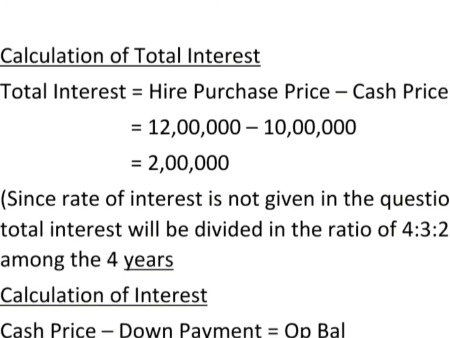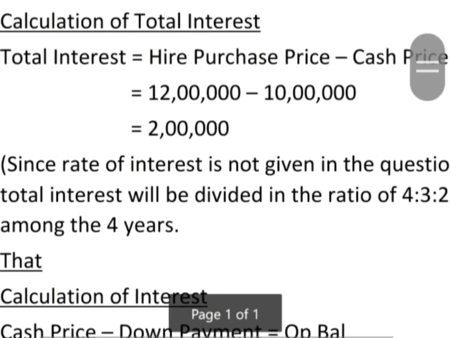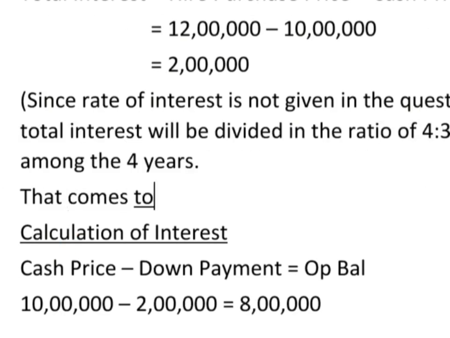So if we divide 2 lakhs, as you can see on the screen, in the ratio of 4:3:2:1, this means 4/10, 3/10, 2/10 and 1/10. In this manner we have to divide. 10 you will get by adding up the amounts: 4, 3, 2 plus 1, we will get 10. So 4/10, 3/10, 2/10 and 1/10.